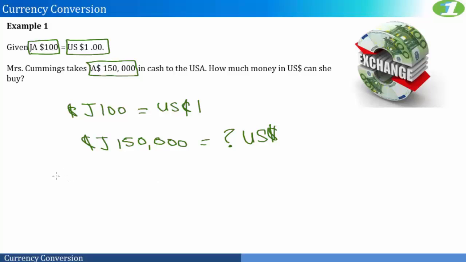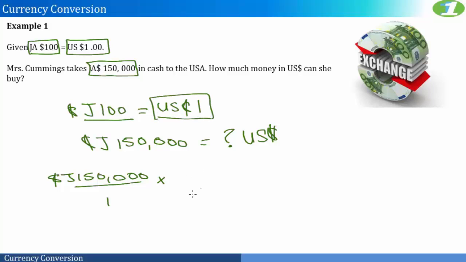The first thing that I'm going to do here is just to write down my Jamaican currency. So I have these Jamaican dollars, and I know that for each 100 Jamaican dollars that I have, it equates to $1 US, all right? So if I were to place this in terms of a fraction, a ratio, this would be a 100 to 1 ratio, this is J and this is US, okay?